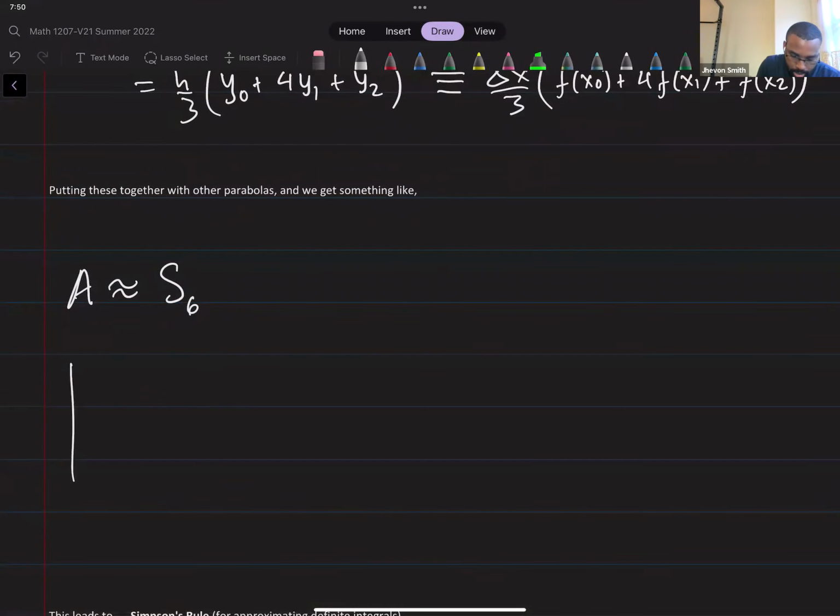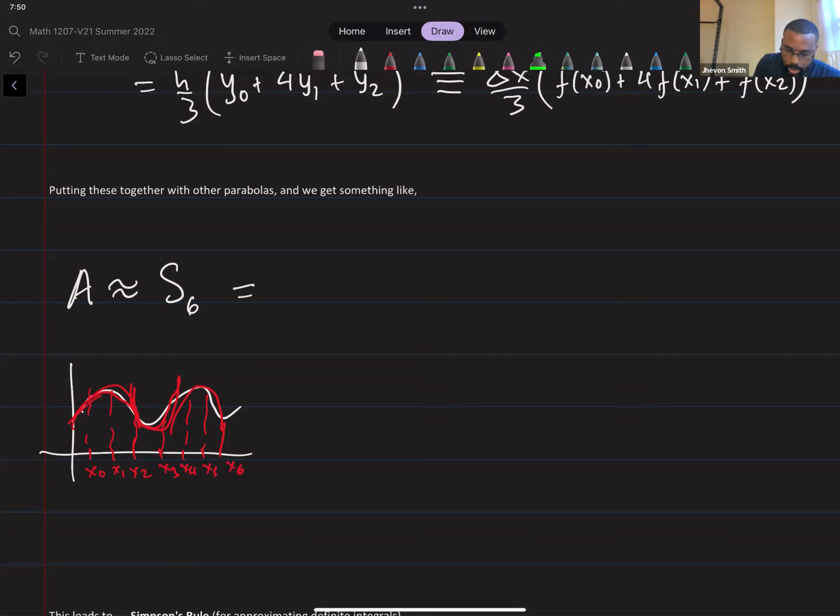So I have this kind of picture here, where each of these has a parabola. One, two, three, four, five, six. So this is like your y0, y1, x0. It's like your x0, x1, x2, x3, x4, x5, x6.